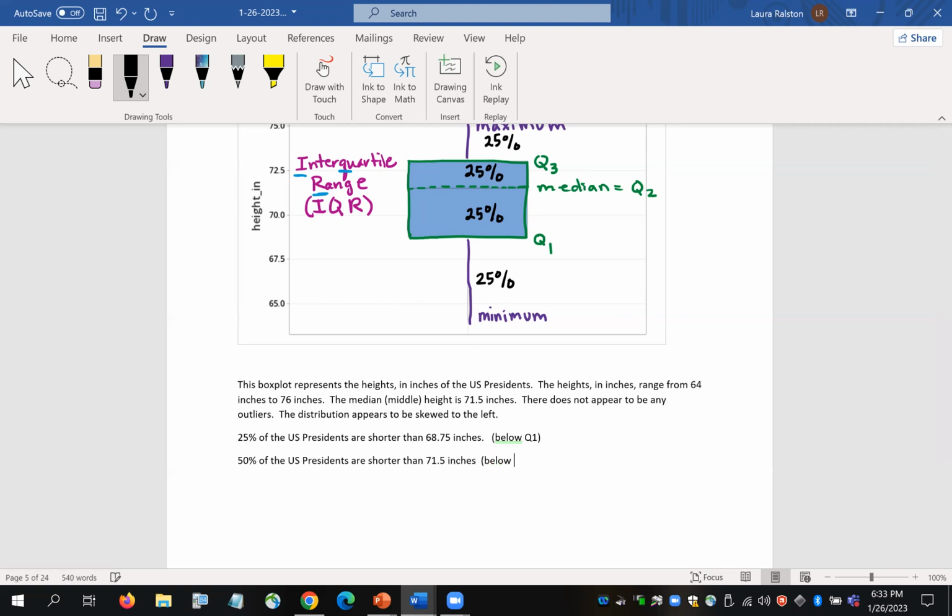Again, that's below the median, or what we call Q2. 75% of the U.S. presidents are shorter than Q3, which is 73 inches. It's always below. When you do the interpretation, it's the percentage that is below that value.